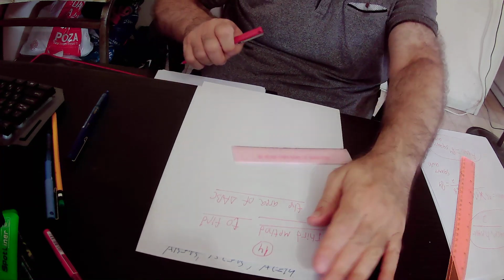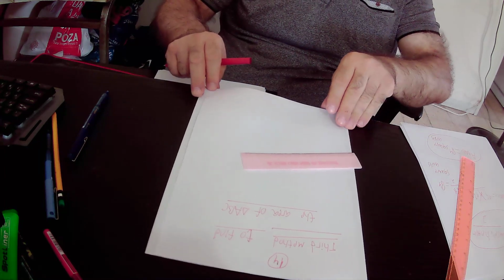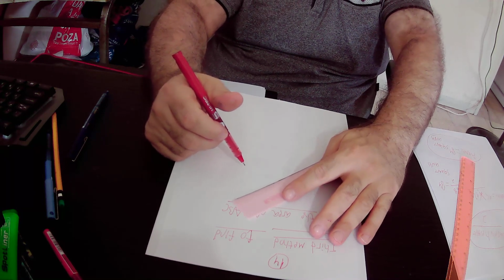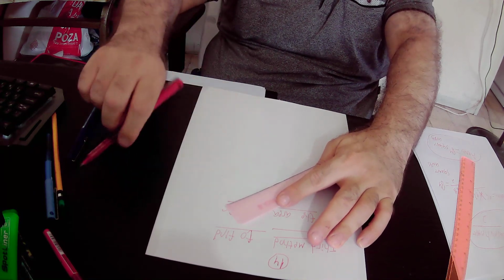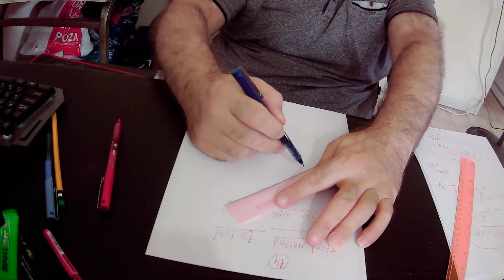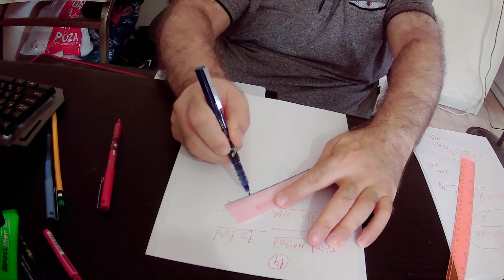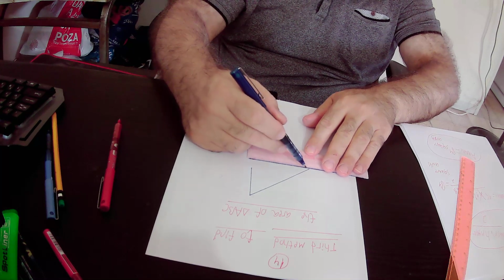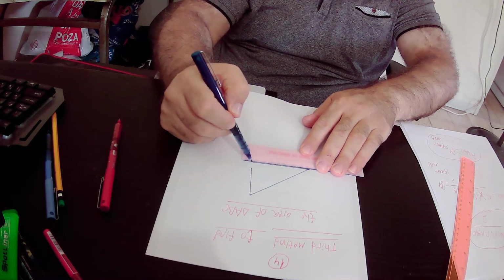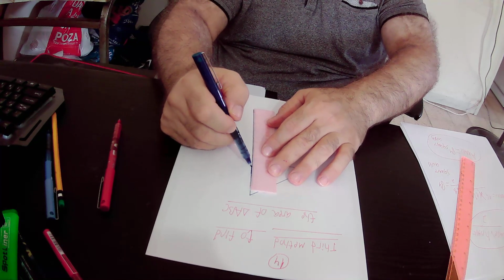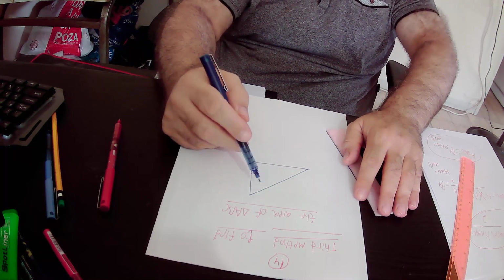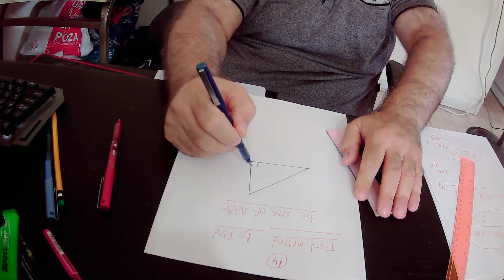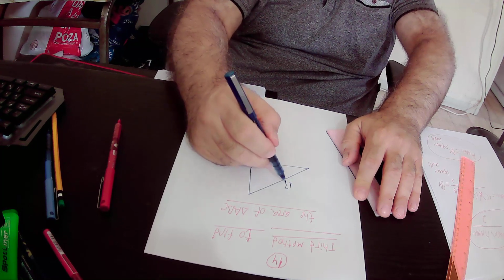The first part of triangle ABC after we divide it to two parts will be this. The hypotenuse of this right triangle will be equal to 13 units.